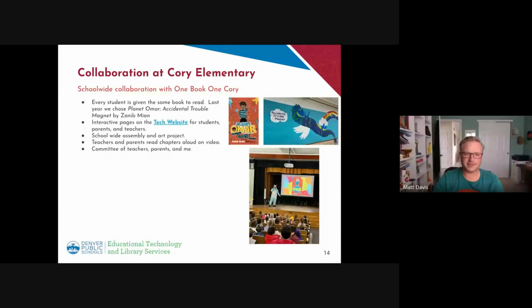Sure. So the first one is sort of a school-wide collaboration. We did One Book, One Corey last year. The PTA bought every kid in the school a book. Last year we did Planet Omar, Accidental Trouble Magnet by Zanib Mian. There was an interactive tech website that you can click on, connected to my tech website.